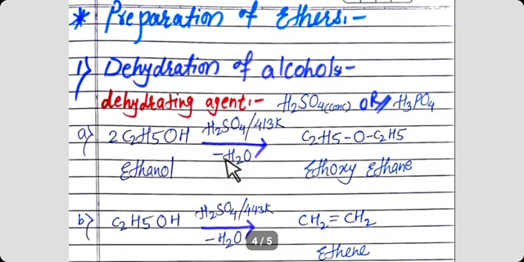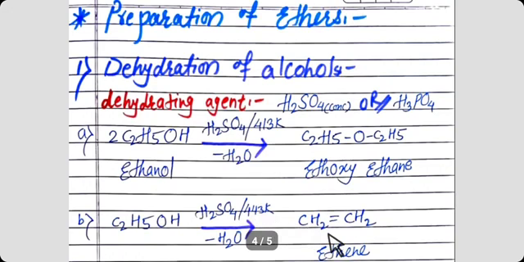For example, dehydration of ethanol by sulfuric acid gives ether at 413 Kelvin, but at 443 Kelvin it gives ethene.